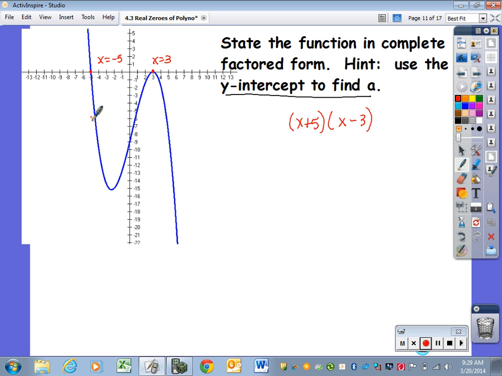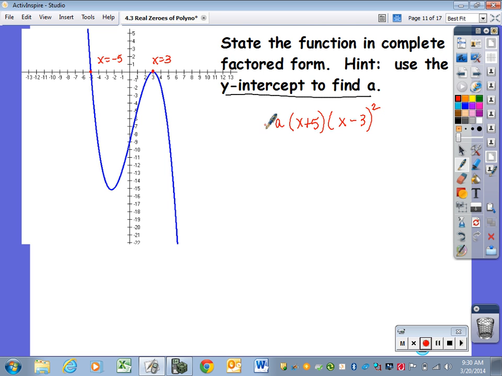At -5, it crosses over straight, so its power would be 1. At 3, it just touches, so I need at least a square. And since my degree now comes to 3, that is odd. Two turning points would also match a third degree, so everything is in support.